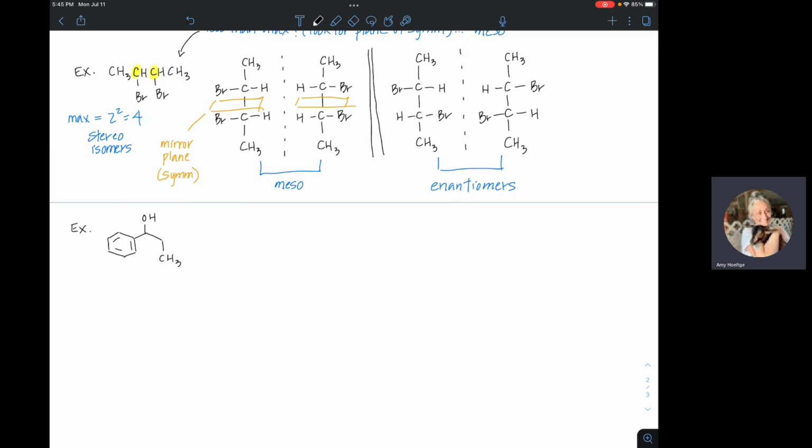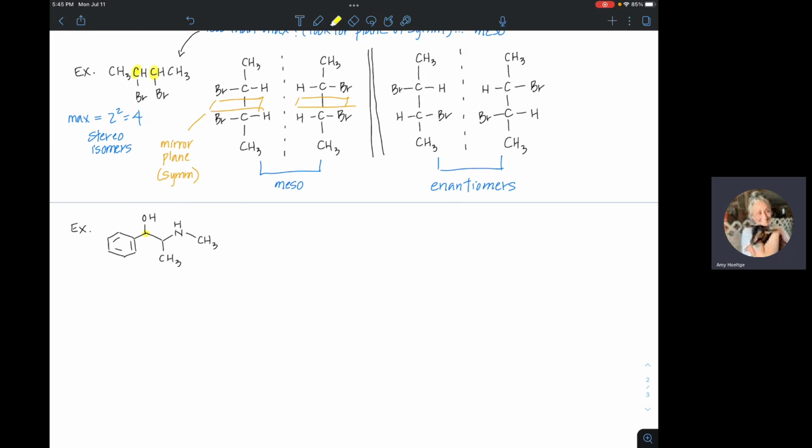And we'll draw the methyl group in there just for clarity. Okay, so in this case, I have 2 chiral carbons. I got one right there, right? The hydrogen is implied, but obviously on the left, I just have a phenyl group. So I just have that aromatic ring on the left.